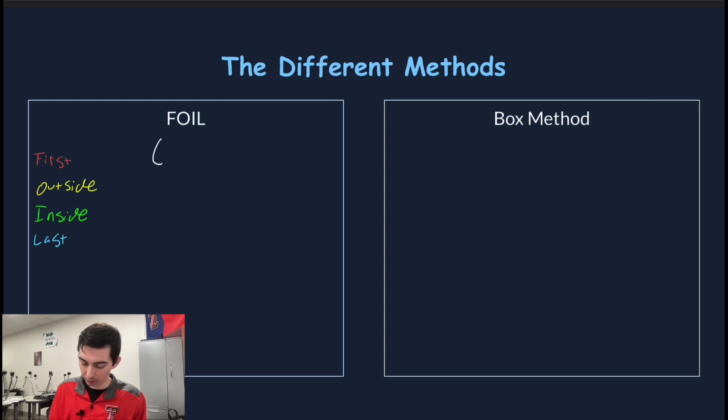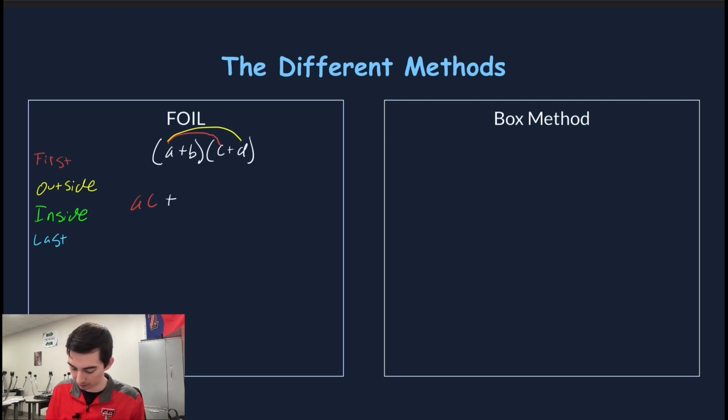So if we have an expression like a plus b times c plus d, we're just going to break this down and multiply step by step what we have here. So I can take my first terms, which in this case is my a and my c, multiply those together. Then I'm going to add on, next would be my outside terms, which is a and d here, since both of those are on the outside. So I'd get a times d.